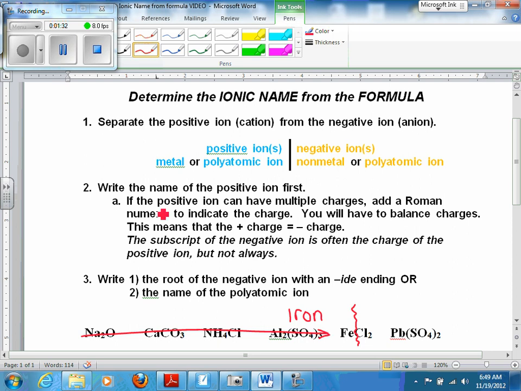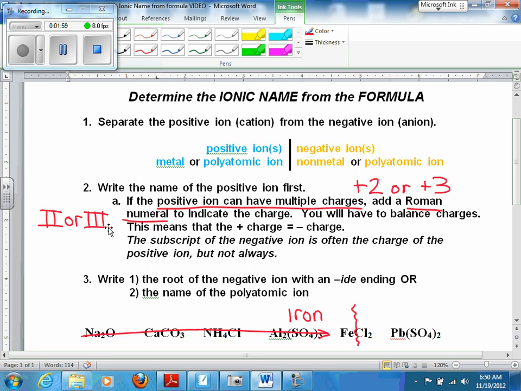If the positive ion can have multiple charges, this one can. Iron can have a +2 or a +3. So we're going to add a Roman numeral. Okay, so the Roman numeral is either going to be a 2 or a 3 to indicate the charge.